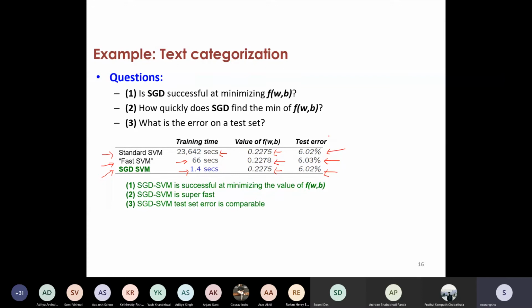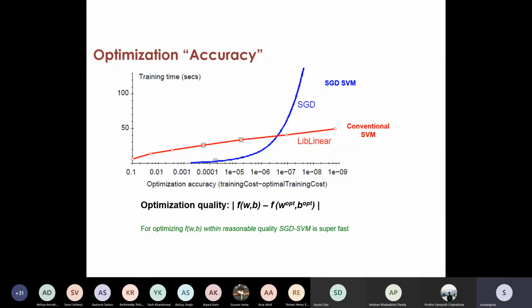So the question was, is SGD successful in minimizing the loss? Yes, it is successful. Is it faster? Yes, it is faster. Is the test error comparable? Yes. So this was kind of a breakthrough result.